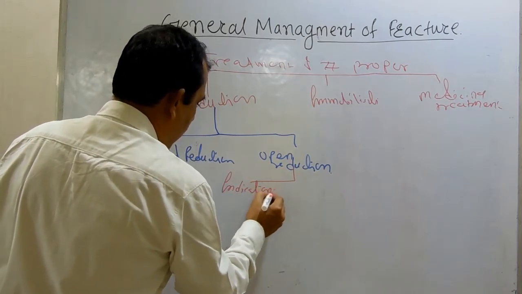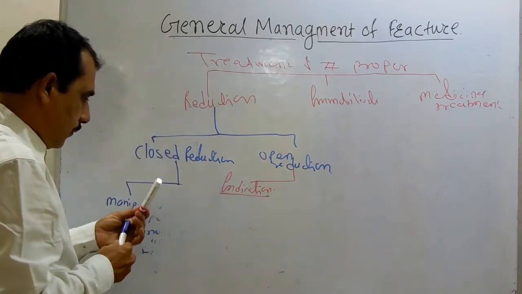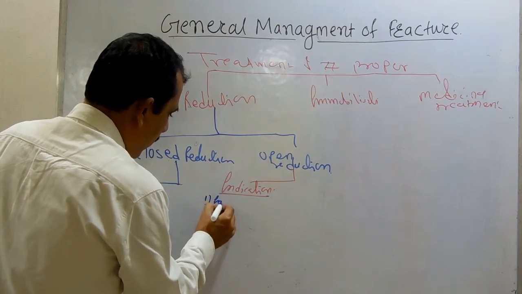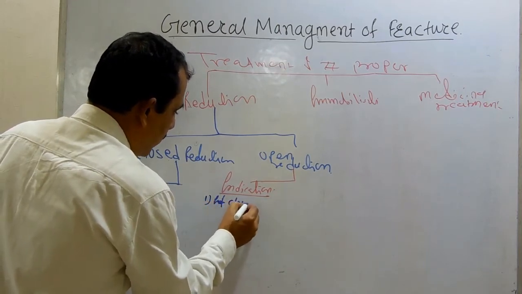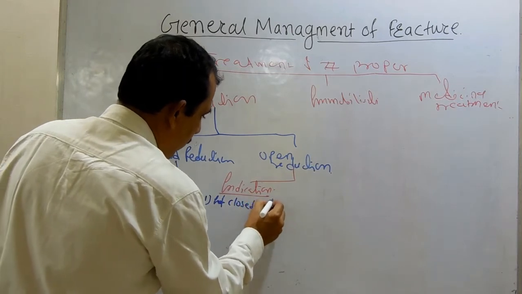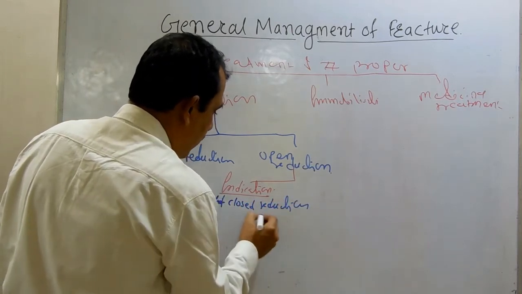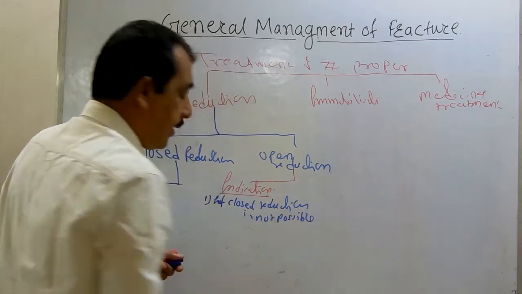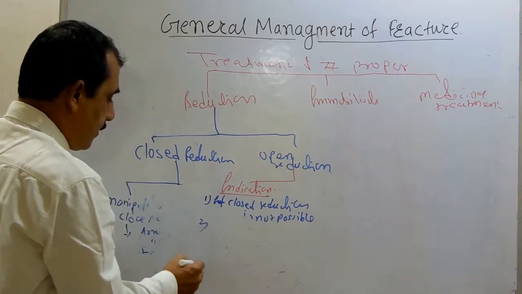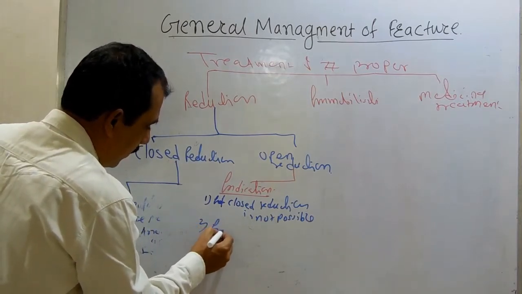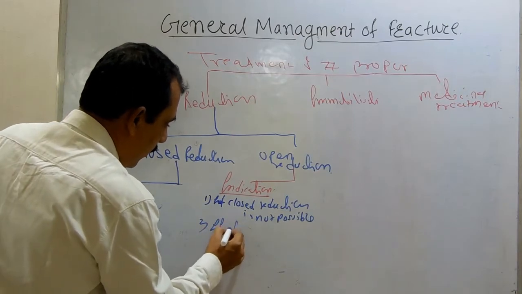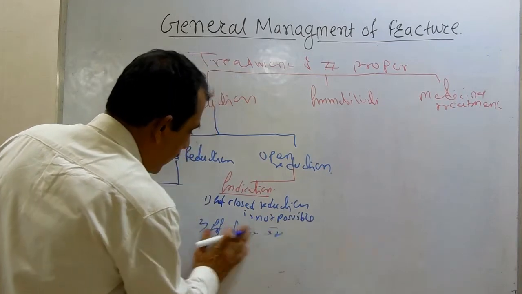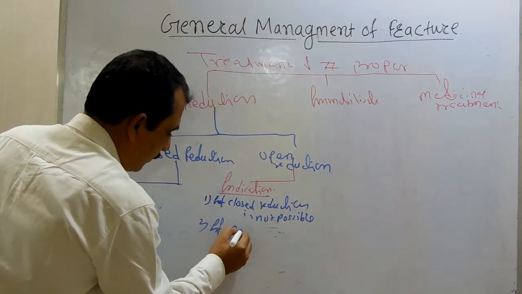Indications are, number one, if closed reduction is not possible. Second indication, if the fracture is open, or we can say open wound fracture.